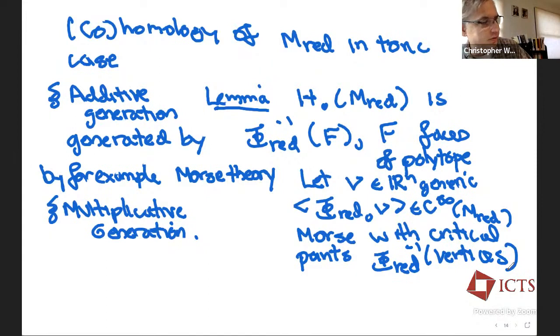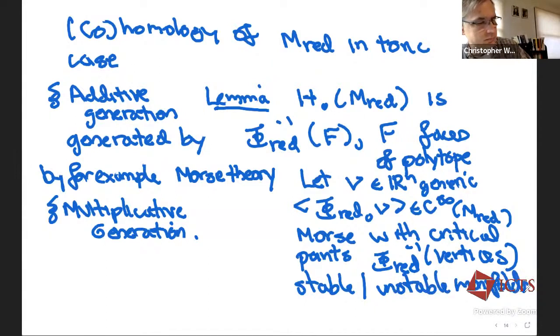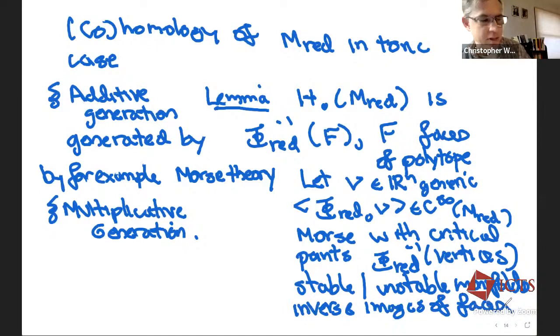And then you check that the stable and unstable manifolds are inverse images of faces. So then right away, the fact that the stable and unstable manifolds generate the homology from Morse theory tells you that you get a generating set.